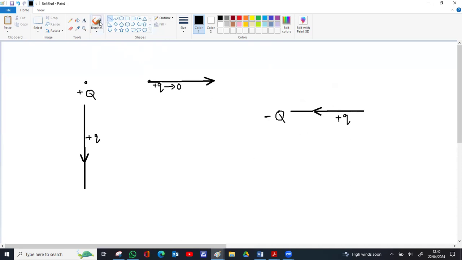If you bring the test charge somewhere at a different point above the source charge, it will again be attracted towards the source charge. So electric field lines are basically the path followed by a vanishingly small, close to 0, positive test charge under the influence of a source charge or a group of charges called a charge system. That's the basic definition of an electric field line.